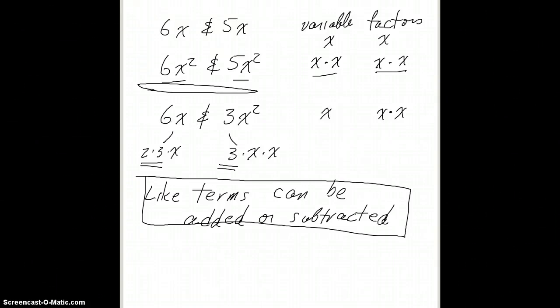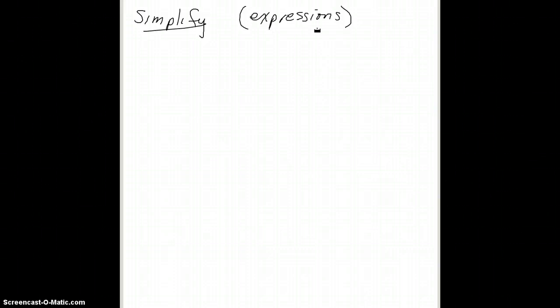I'm going to give you one more example, combining some of these concepts together. Simplify. Simplify is a word that's used with expressions, not with equations. So when you hear the word simplify, think, oh, I've got an expression. All right?